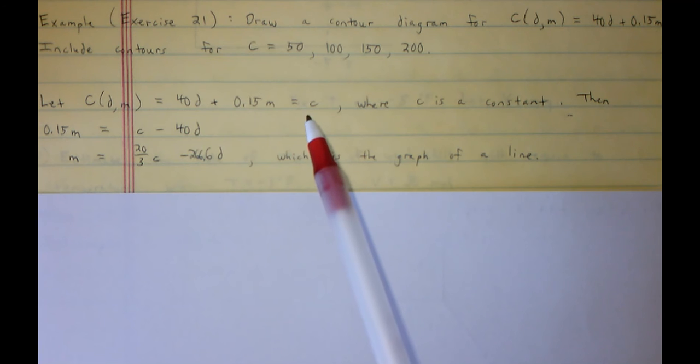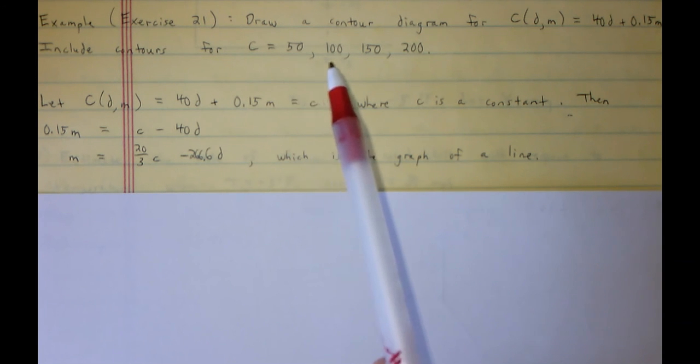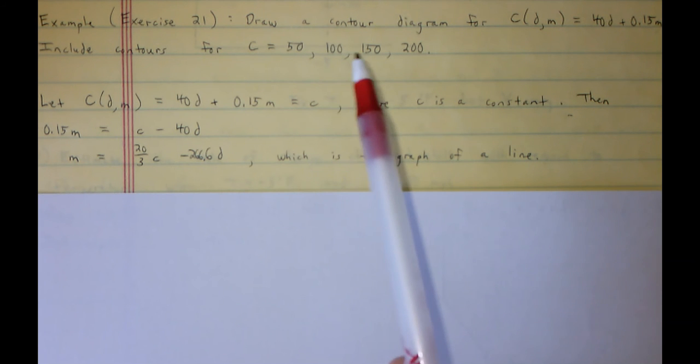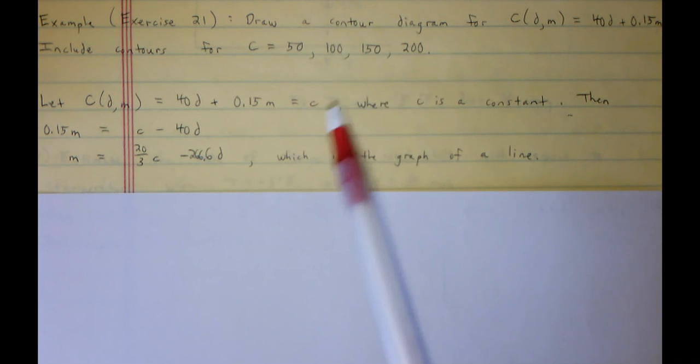So as usual, we set our formula for the function, in this case 40d plus 0.15m, equal to c, where c is a constant. Notice we're told though what we should choose for our values for c. We want to use 50, 100, 150, and 200.